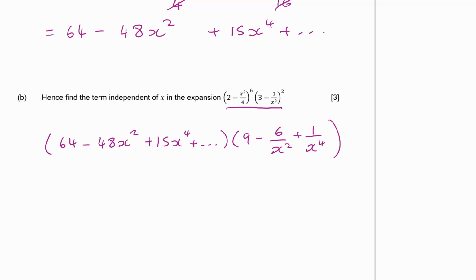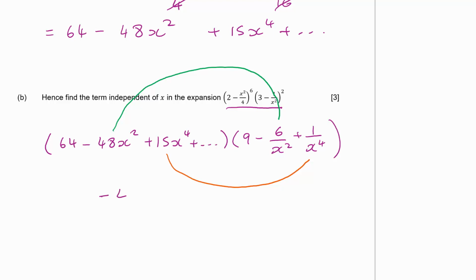So we'll get independent of x if we do this one times this one, the x squareds will cancel, and if we do this one times this one, the x⁴s will cancel.